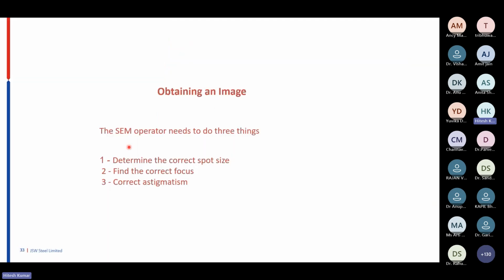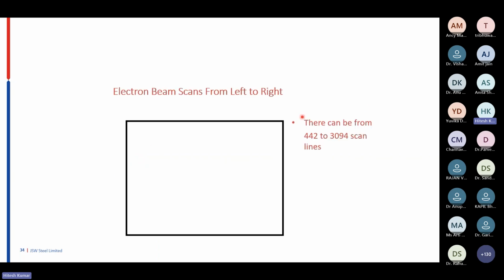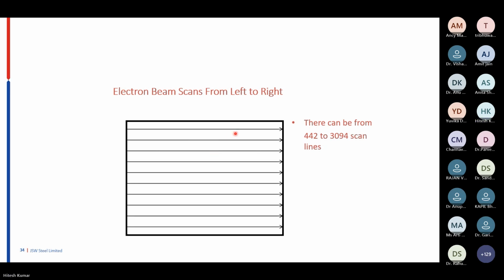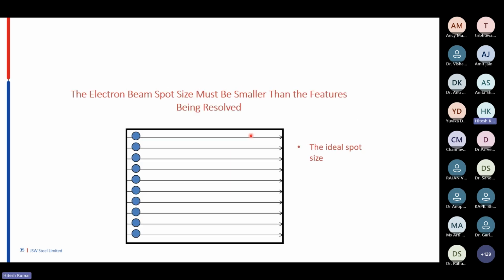What I already discussed earlier is how the spot size plays an important role, what the correct focus is, and how the correct stigmation is going to take place. Let's suppose you are taking an image having 442 to 3094 scanning lines. These are your features.